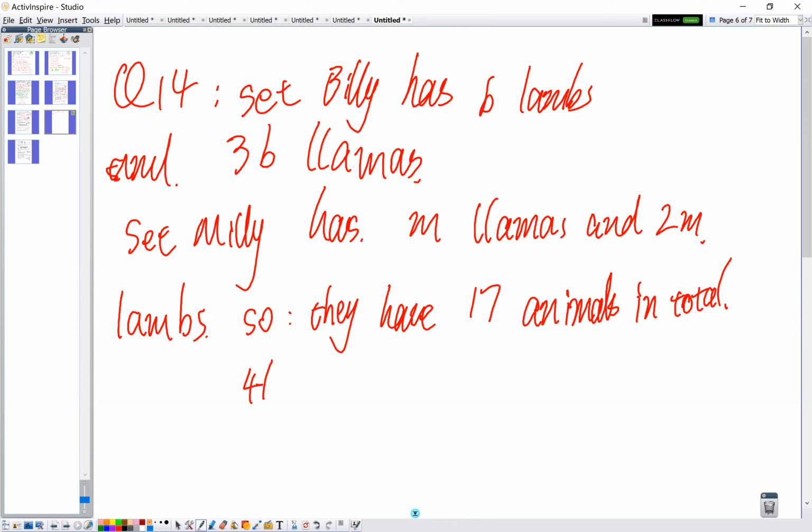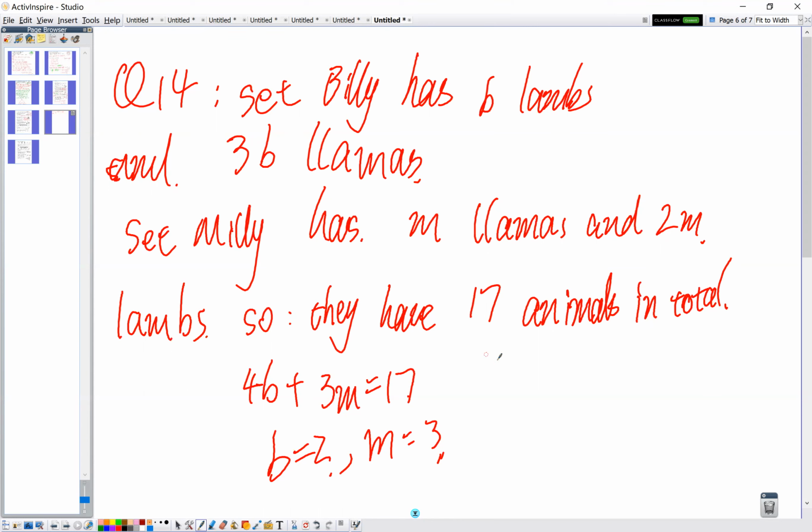So you can get 4B plus 3M becomes 17. We don't have any other numbers, do we? What we have to do is use trial and error to see how this one works. The answer is B becomes 2 and M becomes 3, which makes this one work.